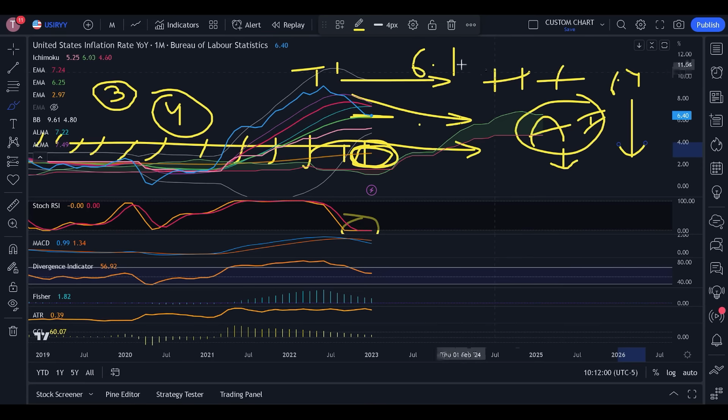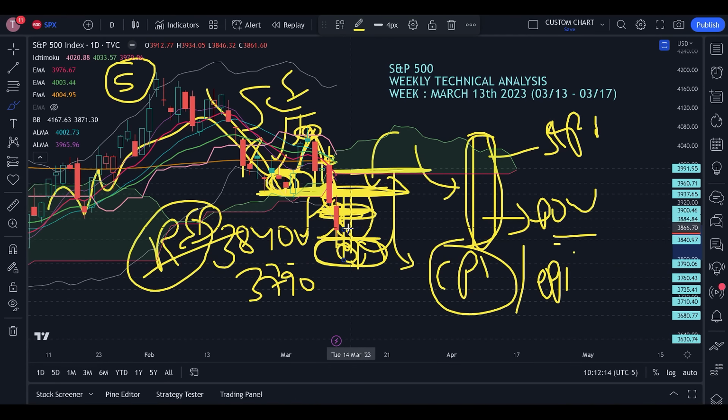If anything between 6.1 and 6.4 comes, there is no reason that the stock market should move up. It can try to hold, that's it. In that event, on Tuesday also the S&P 500 will be holding in the zone of 3840 to 3790.